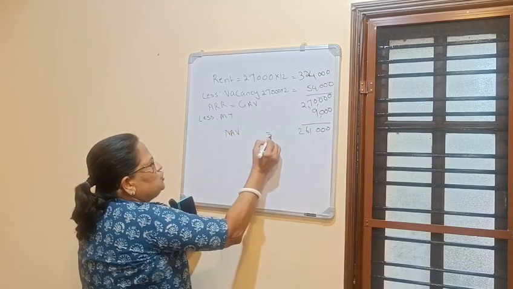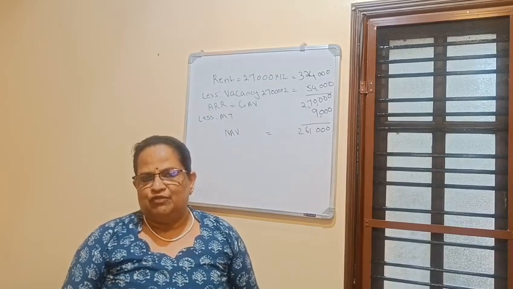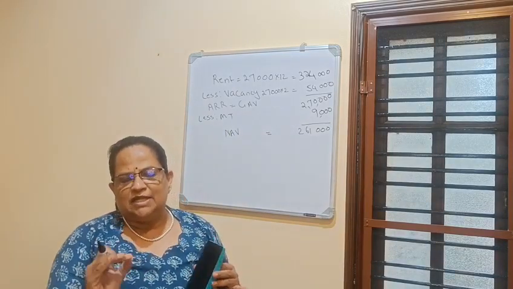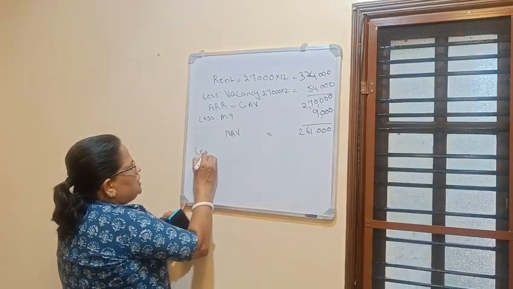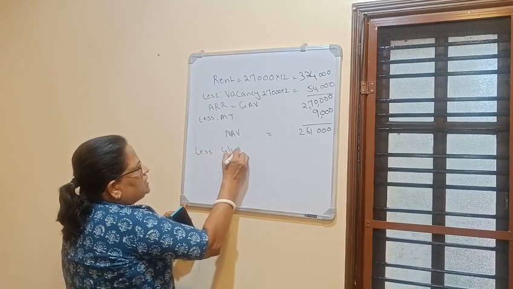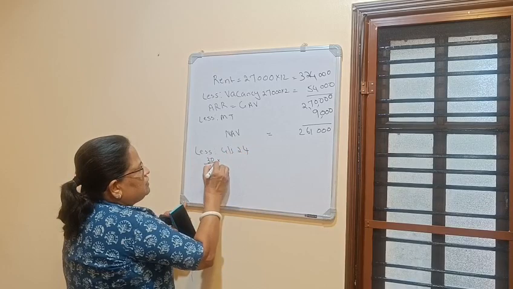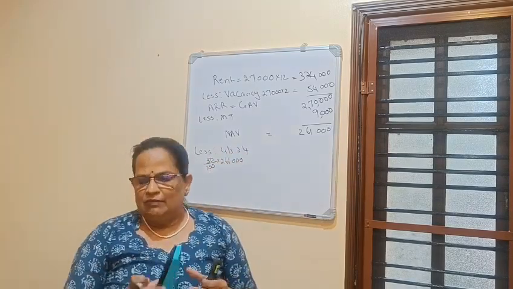Net annual value 2,61,000. Now less deduction under section 24. We will allow 30% standard deduction. We will not consider all the claims made by the owner. So less deduction under section 24, standard deduction 30% of 2,61,000, and the loan taken we will not allow.